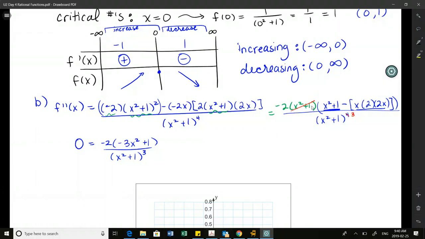So this expression right here is going to equal 0 where the numerator equals 0. So my question is, where is the numerator equal to 0? Well, I can set this equal to 0 and just solve for the value that makes that true.